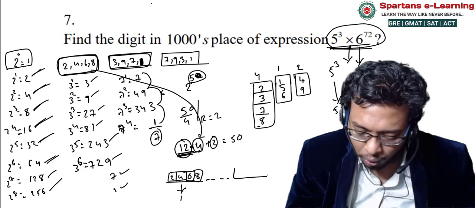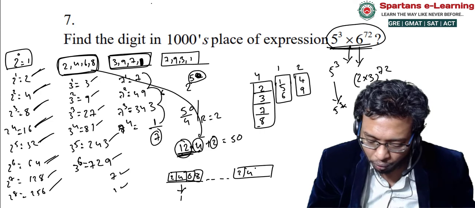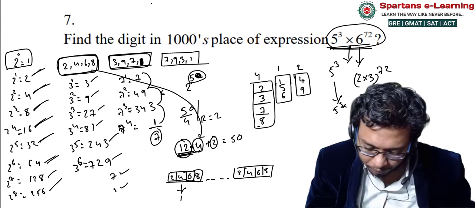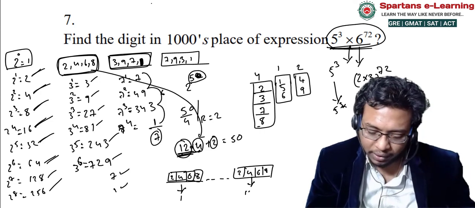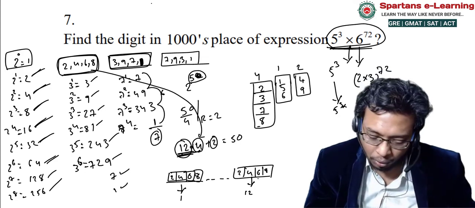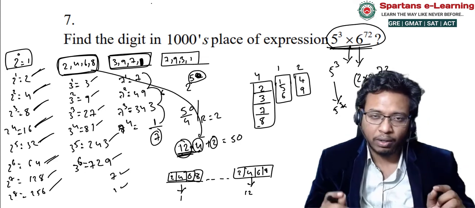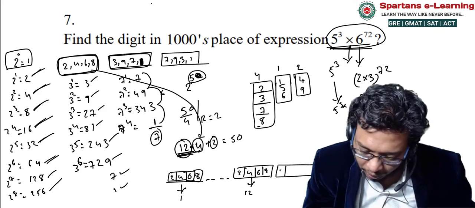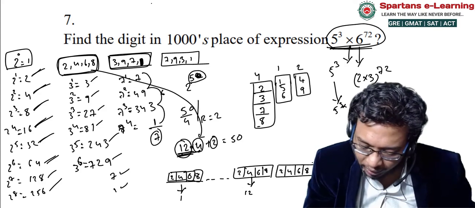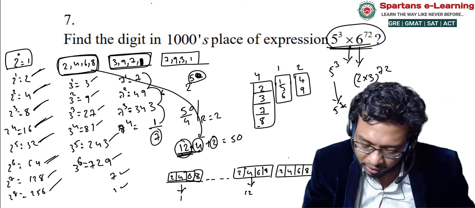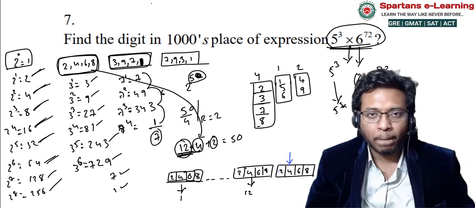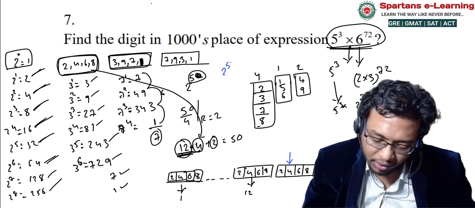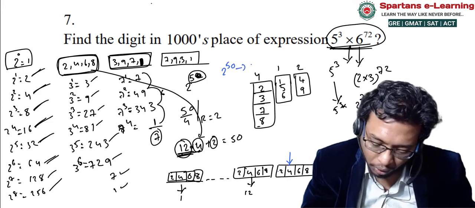Like this you will have 12 sets, again 2 4 6 8. This is the 12th set. Now 12 sets are done. Now the remainder will be 2. That means the next set will again be 2 4 6 8. Remainder is 2 means the pointer will be pointing here. That means 2 power 50's units digit will be 4.